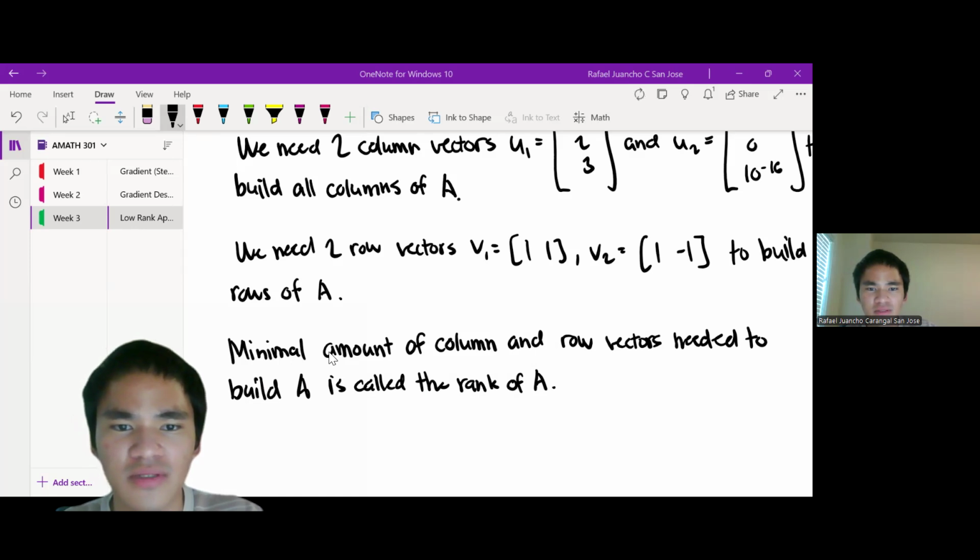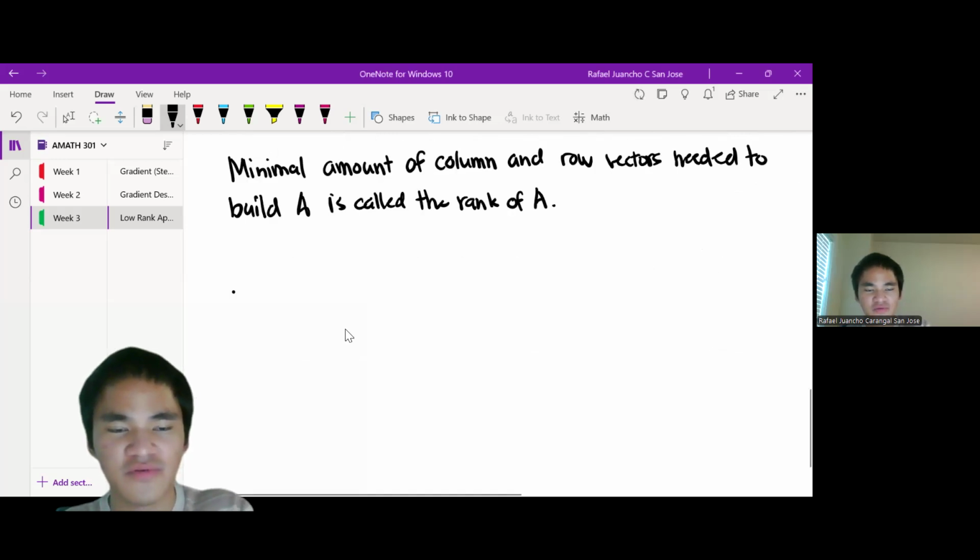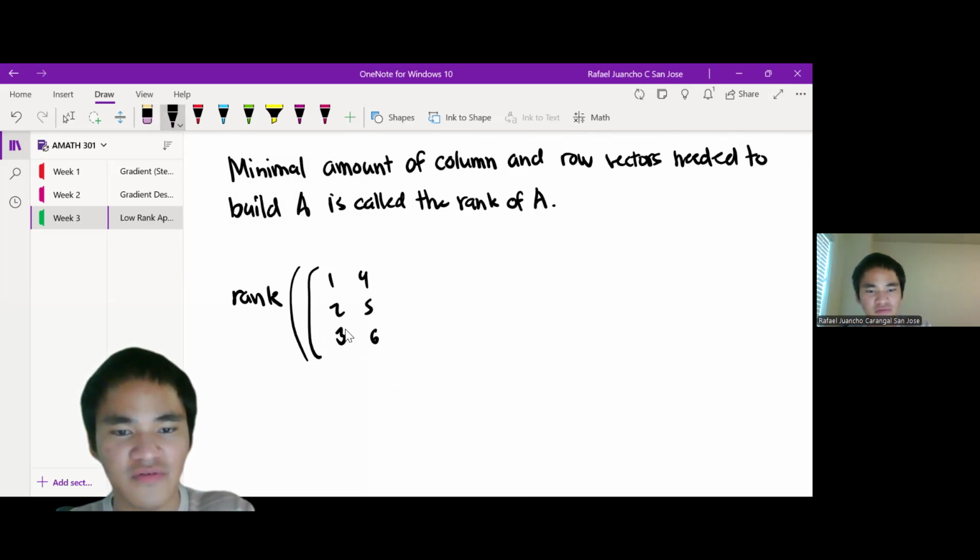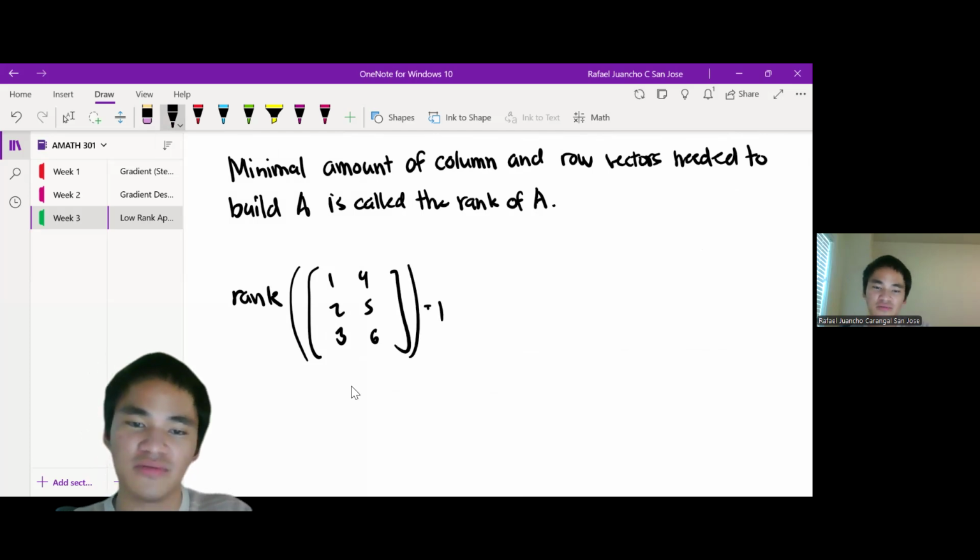So let's look at some of them. What if we were to find the rank of this particular matrix? 1, 2, 3, 4, 5, 6. And we're going to say this rank is 1. How do we know?